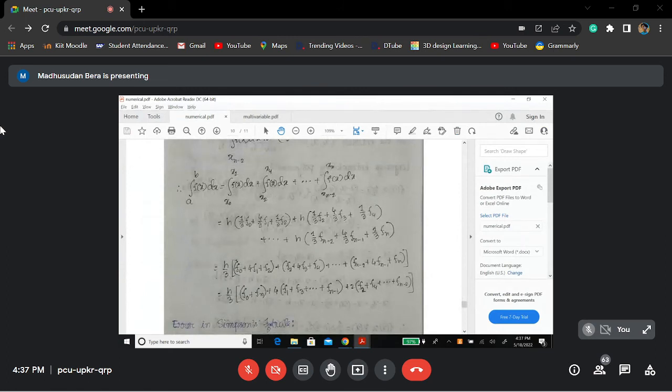In the same way, we divide into n equal sub-intervals each of length h, then h by 3 times: f0 plus fn, the functional values at the first point and last point, plus 4 times the functional values at the odd index points, plus 2 times the functional values at the even index points. Is this okay? Is the formula okay?